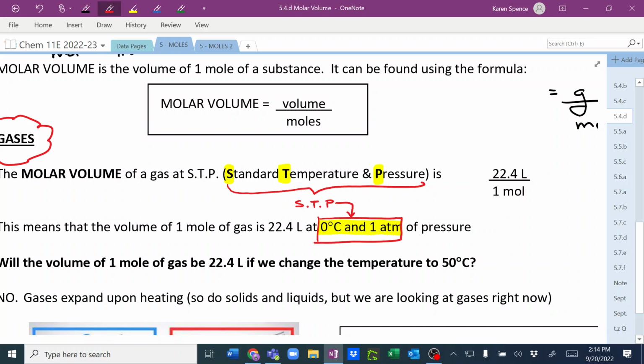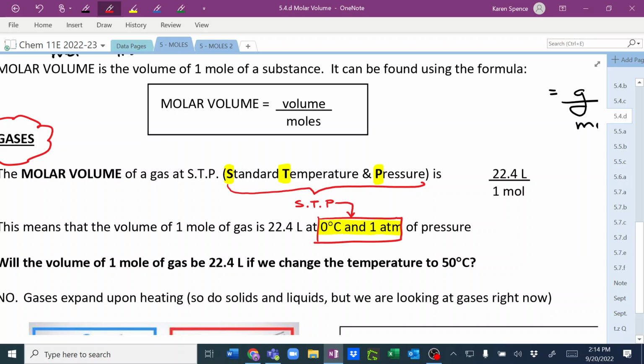What will happen to its volume? It will get smaller. And what if I lower the pressure? It will expand. So gases don't have a consistent molar volume, it changes depending on the temperature and the pressure. In the gases unit, we will learn to deal with things other than standard temperature and pressure. But for now, we're just going to deal with this one.